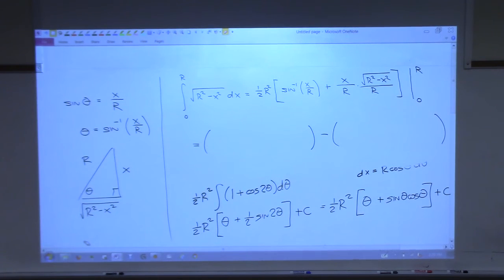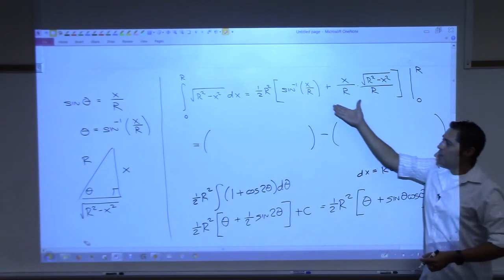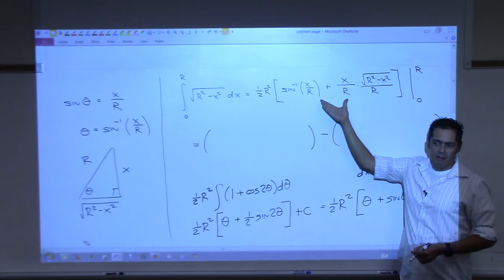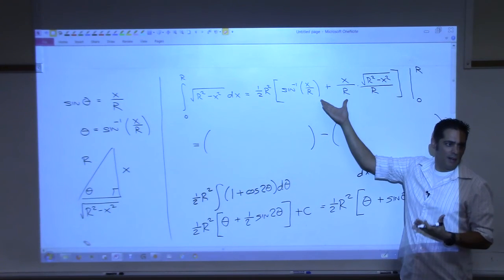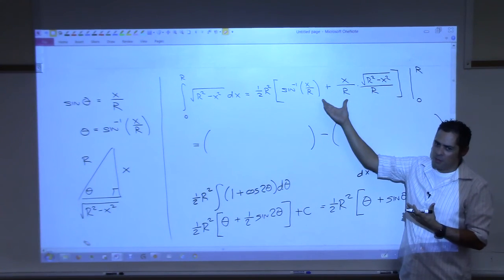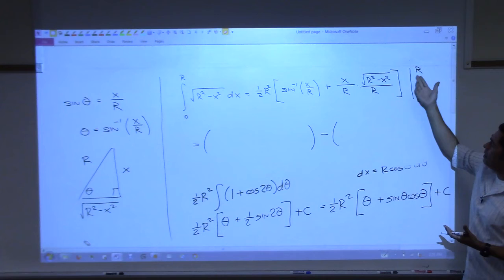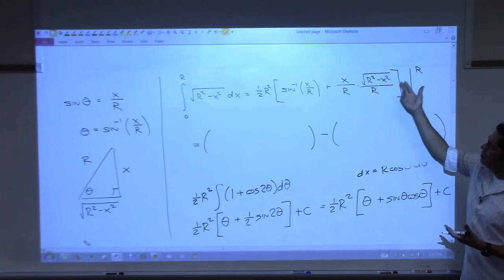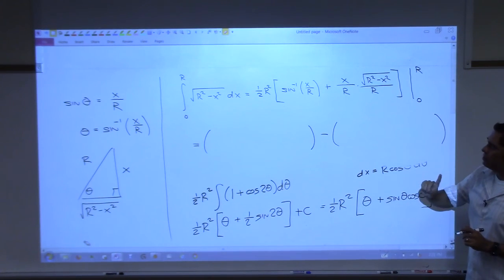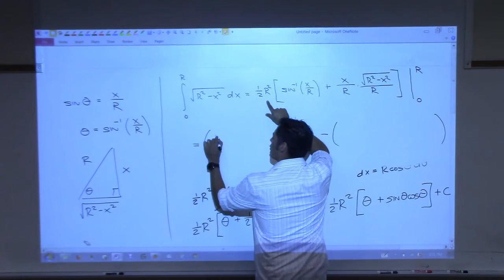We are going to first plug in capital R, right? Are there any questions on how I got to this? Because, I mean, we're about to prove that the area of a circle is pi r squared. I want to make sure everyone's with me here. Yes? Capital R goes in for what? What am I replacing with capital R? The x's, right? The x's. So I have 1/2 r squared.